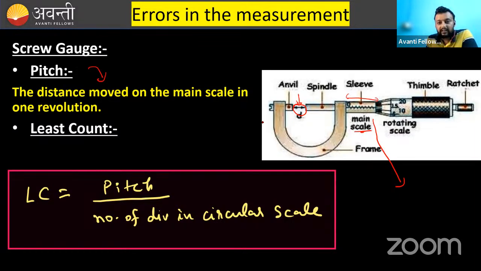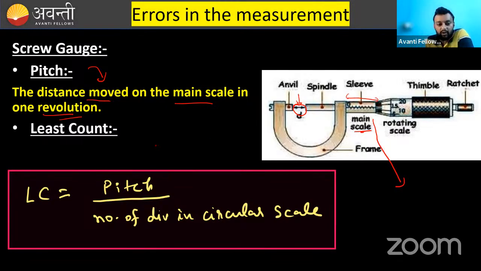Pitch is the distance moved on the main scale in one revolution. When you rotate this screw gauge, it moves some distance on the main scale. So the distance moved in one revolution is called pitch.